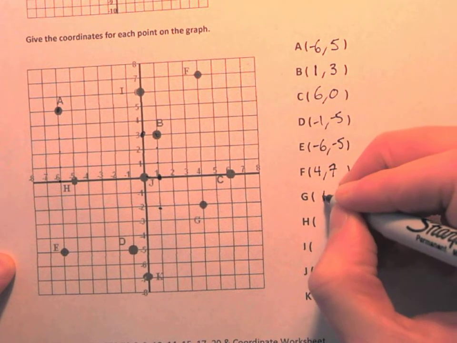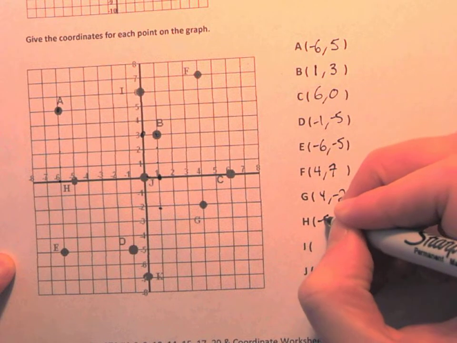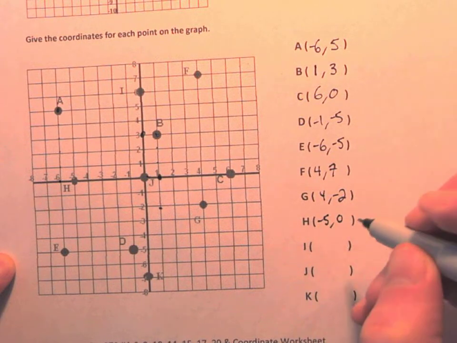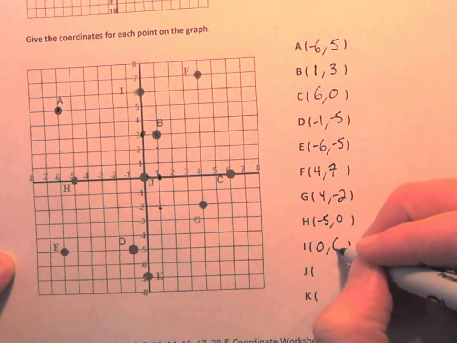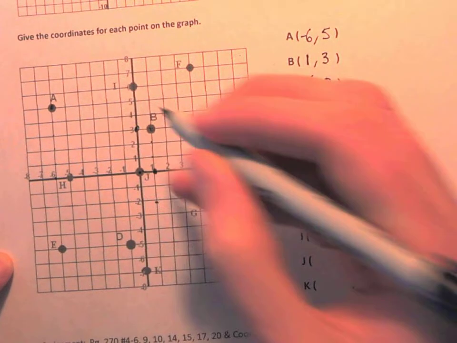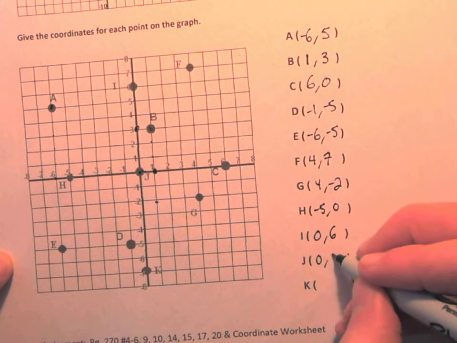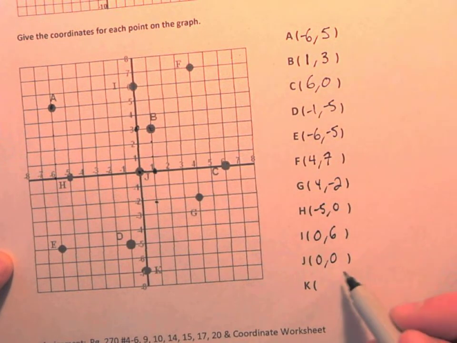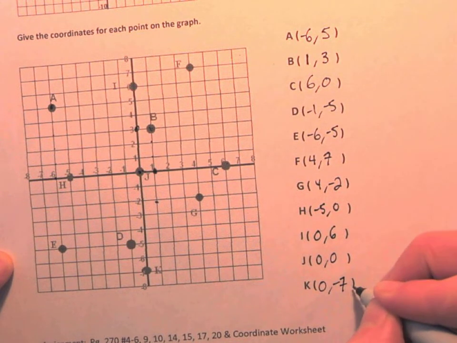G is 4, negative 2. H is negative 5, 0. I is 0, positive 6, because you don't go anywhere on the x-axis, you just go straight up. J is going to be 0, 0, right in the center, and K is 0, negative 7.